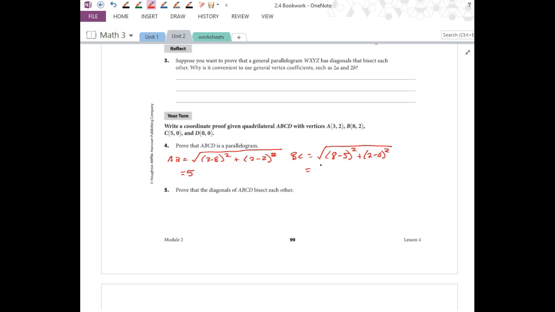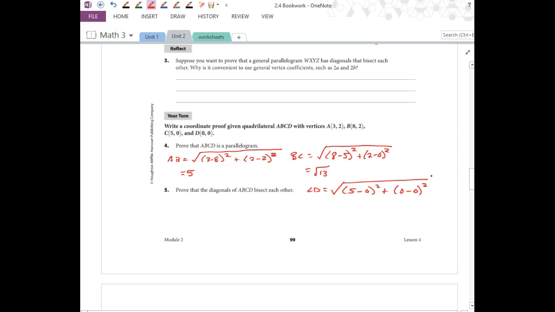And then 9 plus 4. What's 9 plus 4? Square root of 13. Man, they don't give us very much space here. C to D. Change in x's. 5 minus 0 plus change in y's. 0 minus 0.